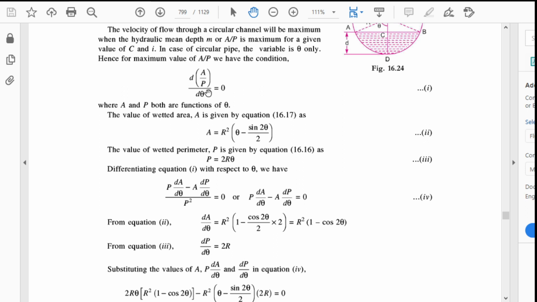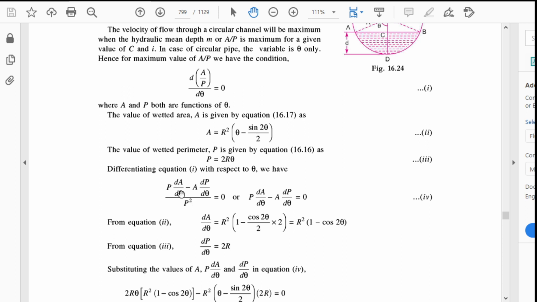So here the basic formula for differentiation of a division you have to know. The differentiation will be P times the derivative of numerator A minus A times the derivative of denominator P, divided by denominator square, and that must be equal to 0.